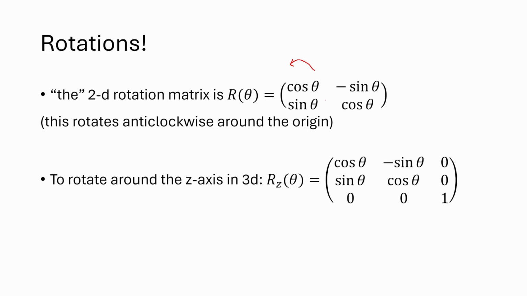Now, to go up to 3 dimensions, if we're rotating around one of our coordinate axes, it's not so bad because that component stays constant. If we're rotating around the z-axis, for example, the z component does not change. The x's and y's change around the z, but the z itself is fixed because that is the axis of rotation.